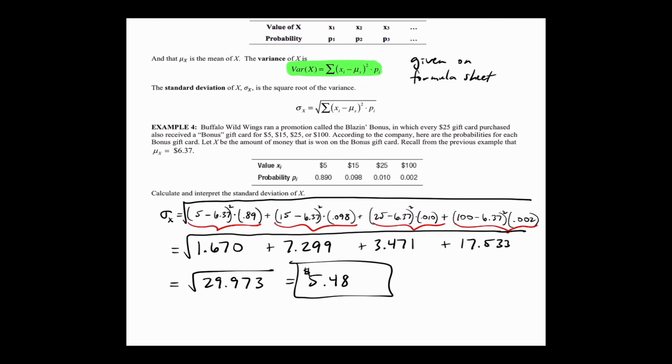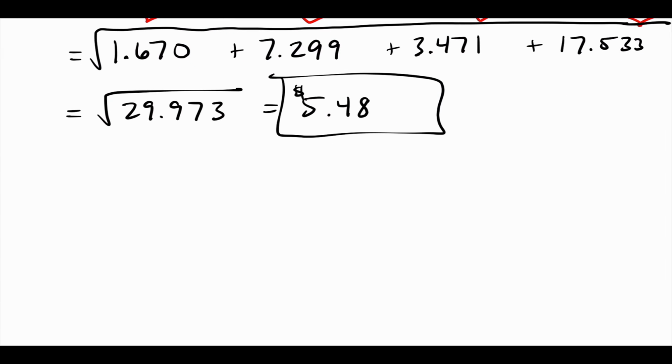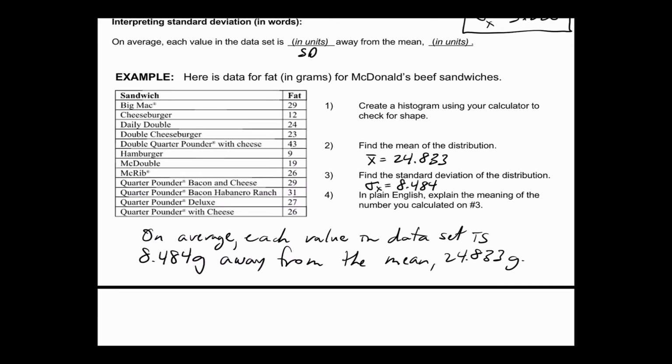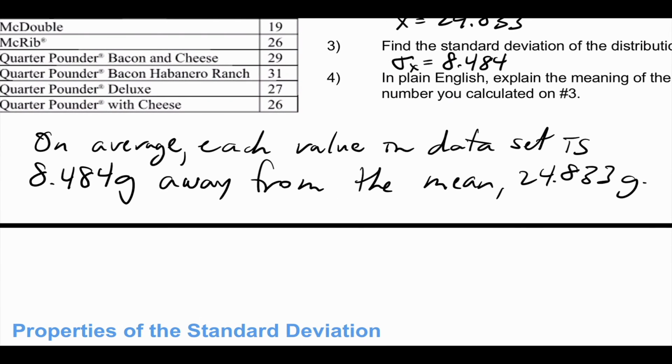All right. So $6.37 plus or minus $5.48. So on average, each value in the data set, each random variable is blank away from the mean.